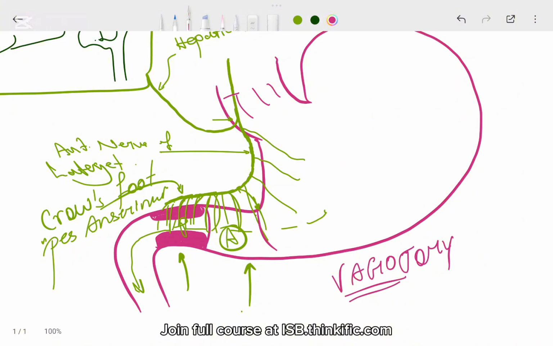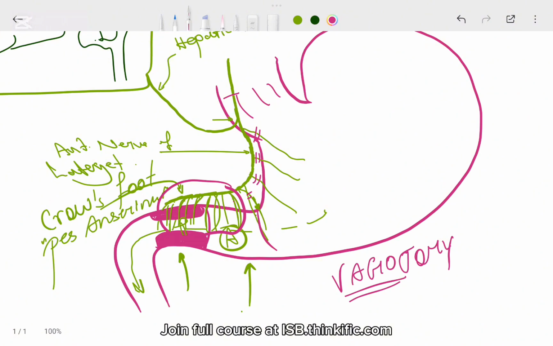In highly selective vagotomy, individual branches from the vagus nerve are cut off, but the crow's foot and the nerve of Latarjet are preserved. Because the vagus nerve releases acetylcholine in the stomach and stimulates acid production. So the idea is that if we cut the vagus nerve, we reduce acetylcholine, and thus acid production will reduce, and therefore the peptic ulcer will heal. That's the idea behind the operation.